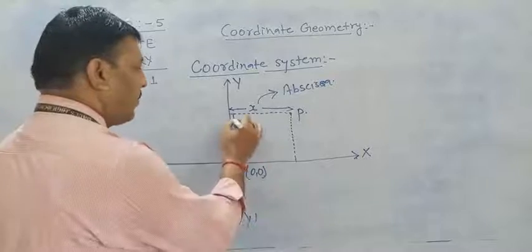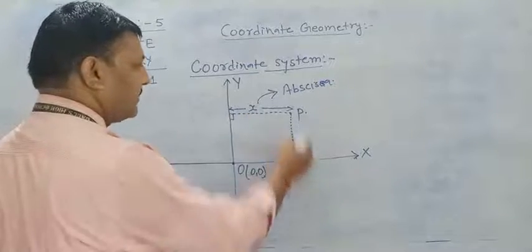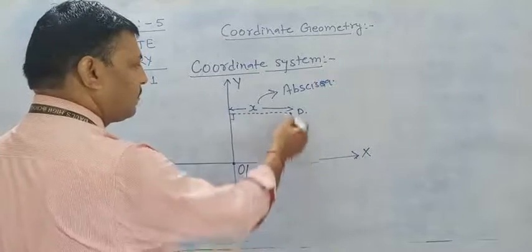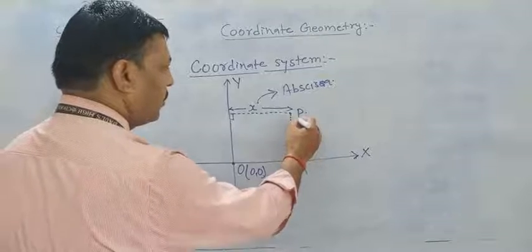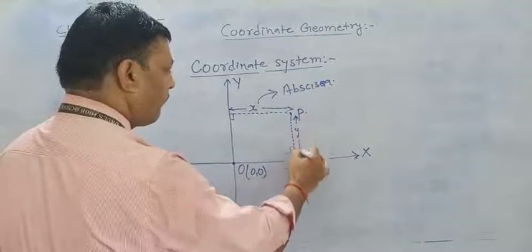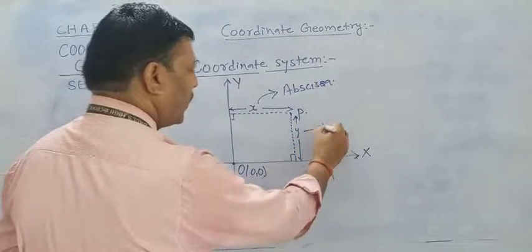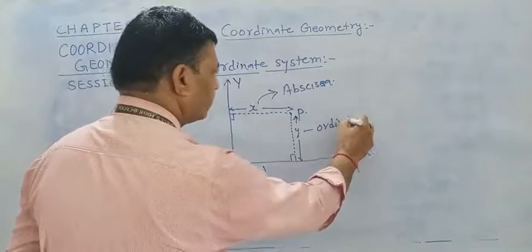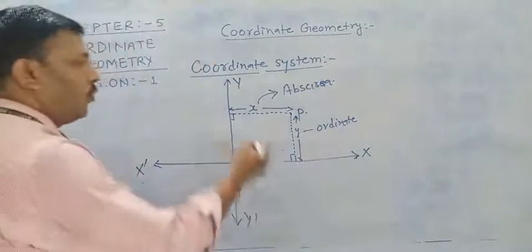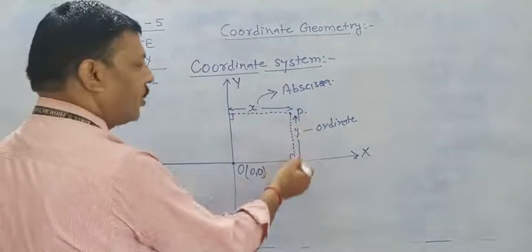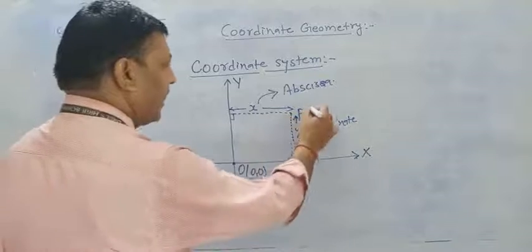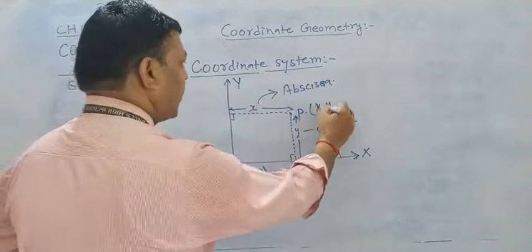And this is the perpendicular distance from the x-axis, denoted by y, which is called ordinate. When the abscissa and ordinate are expressed together, they give the coordinates of the point.